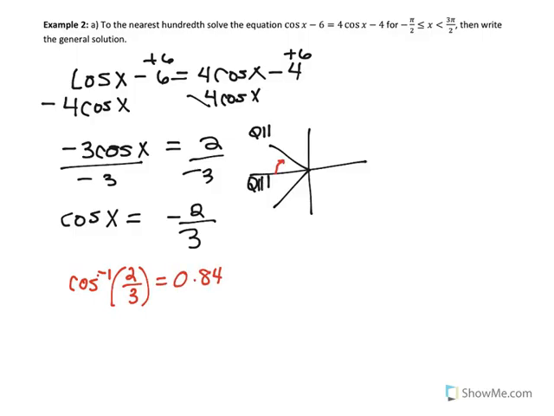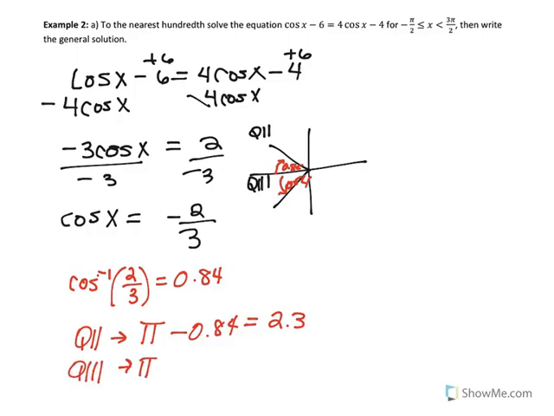So that is 0.84 and that is 0.84. So in quadrant 2, my angle is going to be pi subtract 0.84, and I would get 2.3. And in quadrant 3, it's going to be pi plus 0.84, and I would get 3.98. So those are my two solutions.